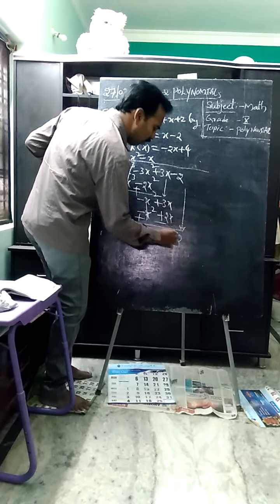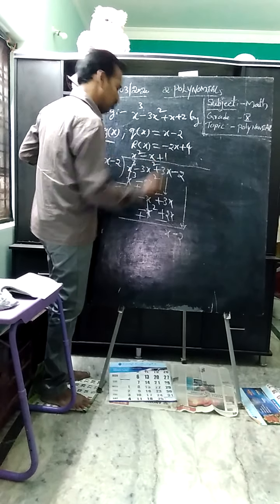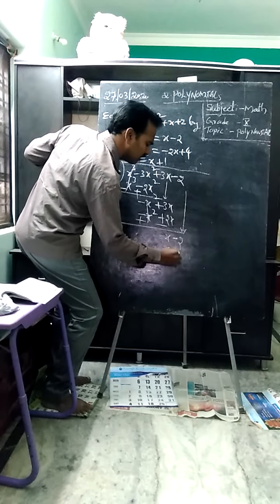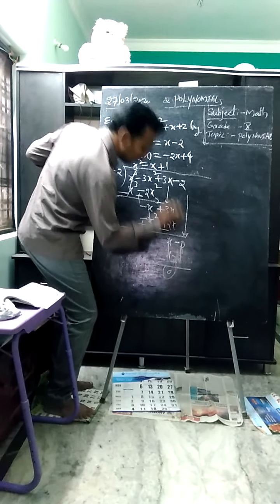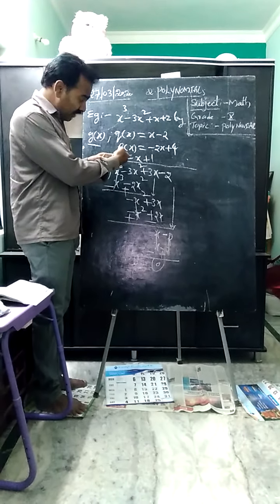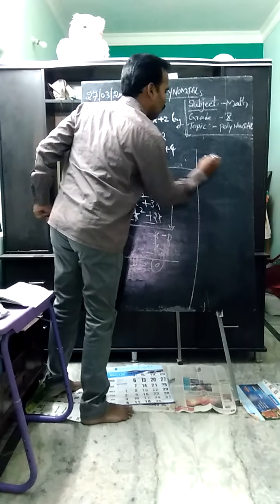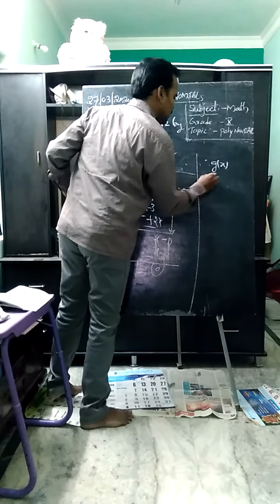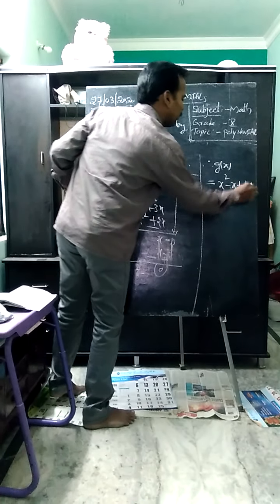Because we have a binomial, again x minus 2 we have, x by x gives plus 1. So apply here, we get x minus 2. So change symbols, cancel each other. We got 0 remainder. So in this step, whatever quotient we get, that is g of x. Therefore, g of x equals x square minus x plus 1.